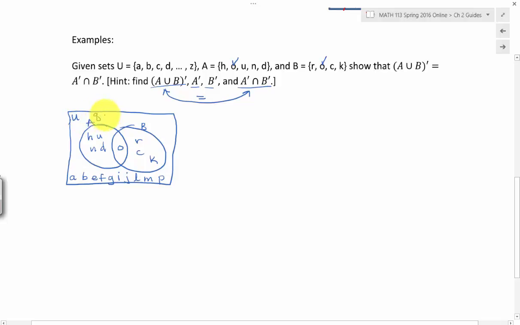Q, R I see, S, T, U I see, V, W, X, Y, Z. There are all the letters of the alphabet in the correct places for this given set of problems or sets.